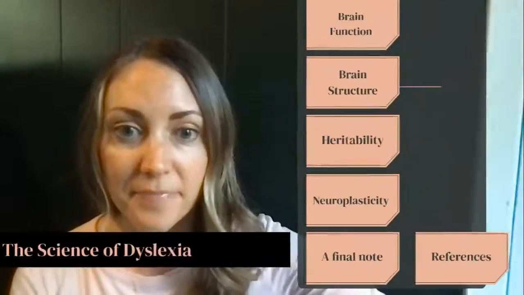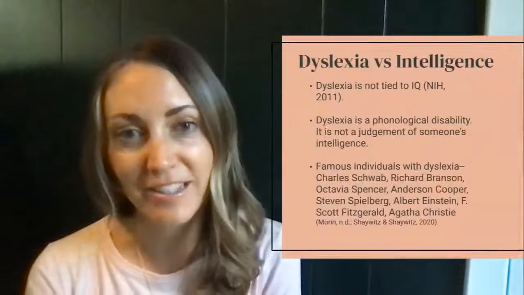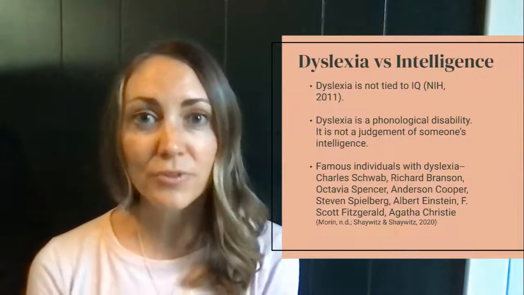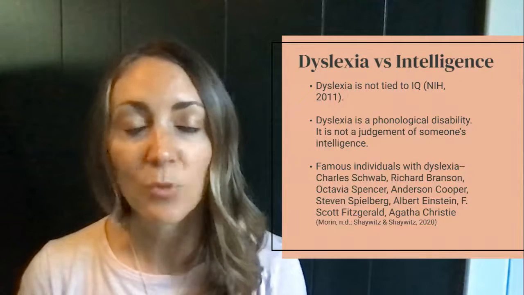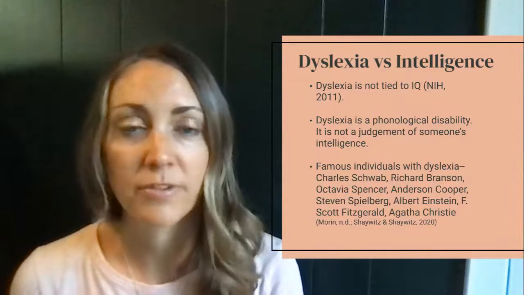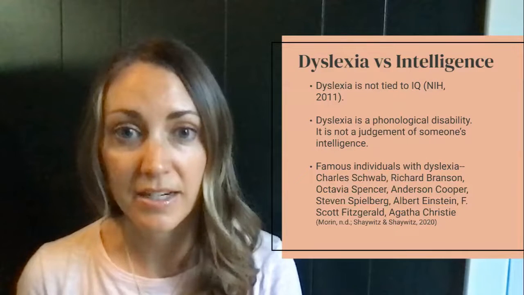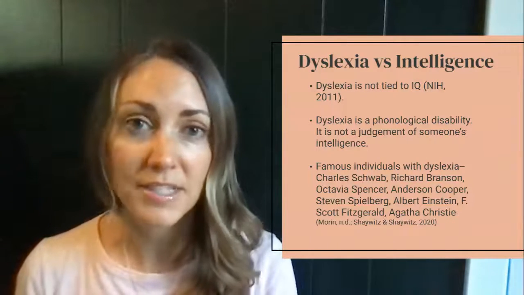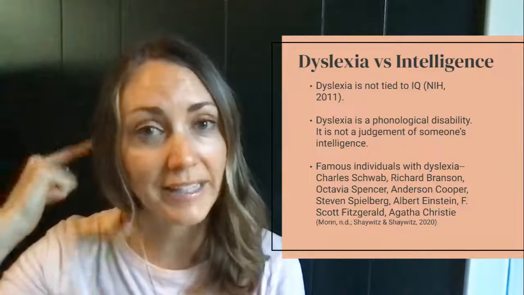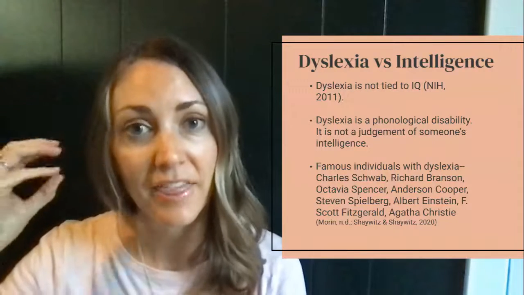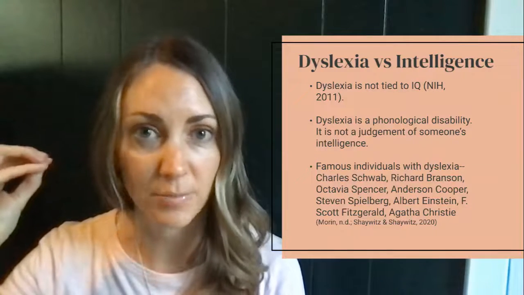All right. Next, a final note, and this is very important. You will notice in all of the research that I presented here today, not once was there any sort of comment about a person's intellect. All of these images that I've shown you today really just show one specific area that has a very specific disability.